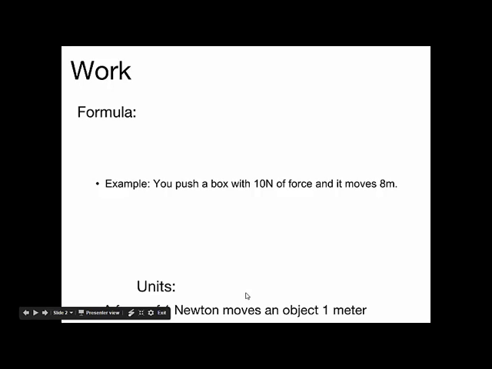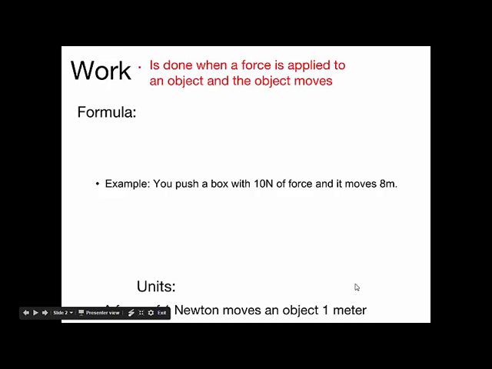So first of all, work. This concept of work is a concept in physics that tells us how much force is being put in to move an object. Whenever you exert a force and an object moves, you're doing work.